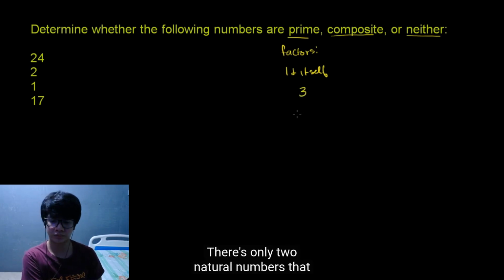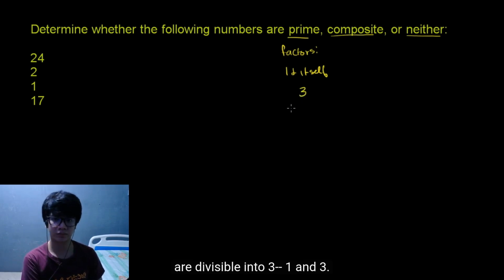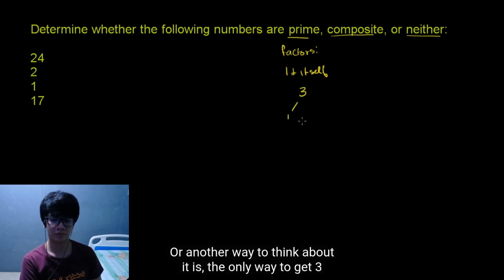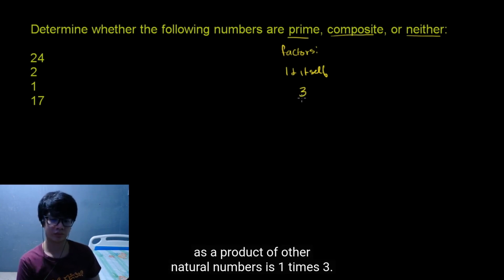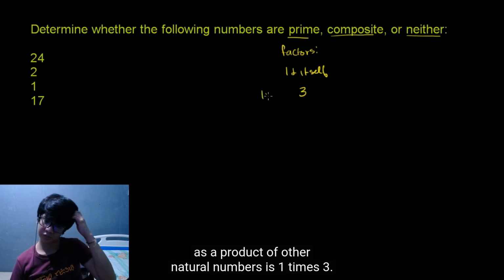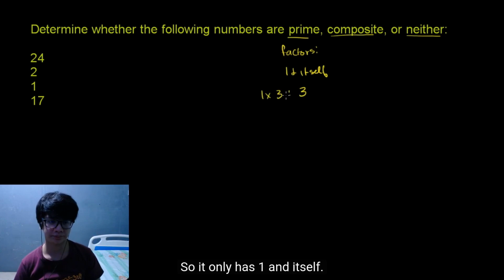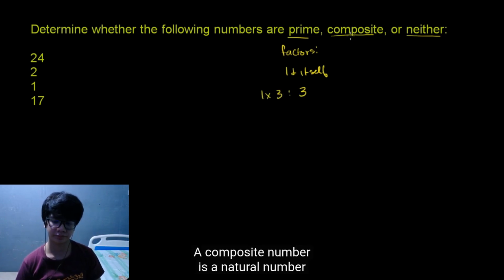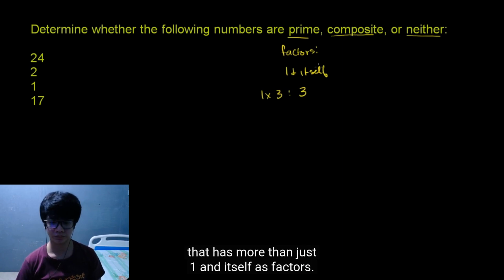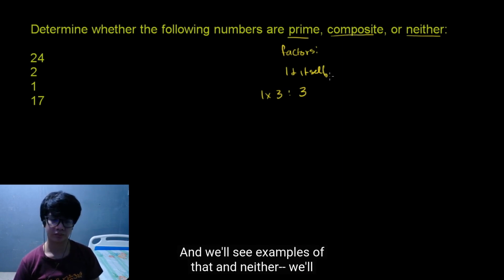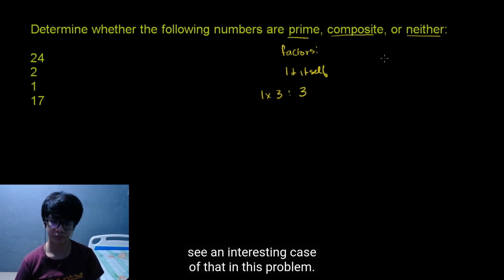There's only 2 natural numbers that are divisible into 3: 1 and 3. Or another way to think about it is the only way to get 3 as a product of other natural numbers is 1 times 3. So it only has 1 and itself. A composite number is a natural number that has more than just 1 and itself as factors. And we'll see examples of that. And neither, we'll see an interesting case of that in this problem.